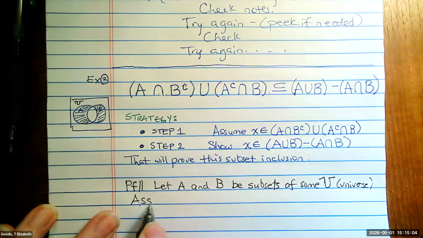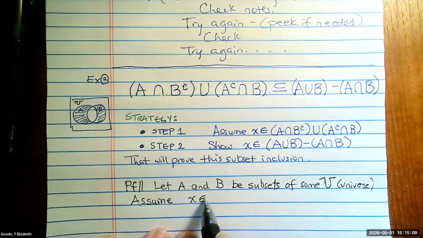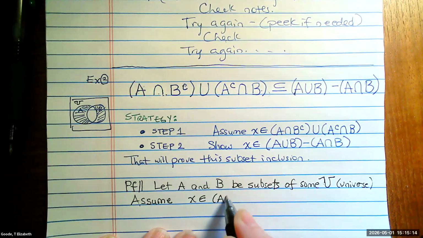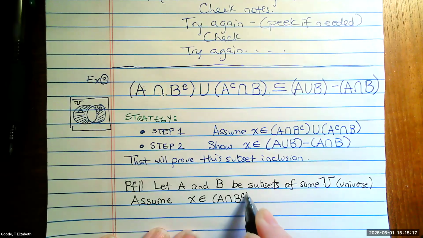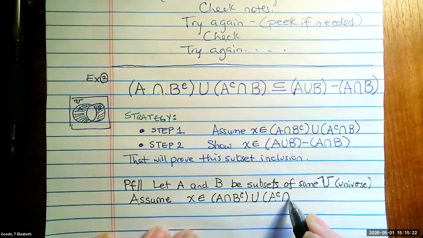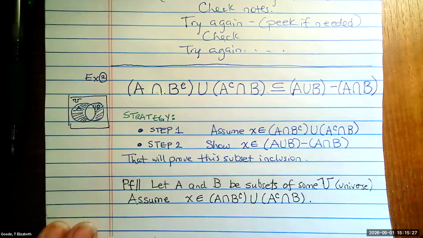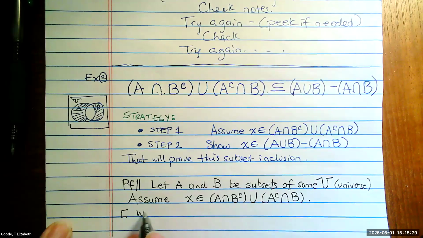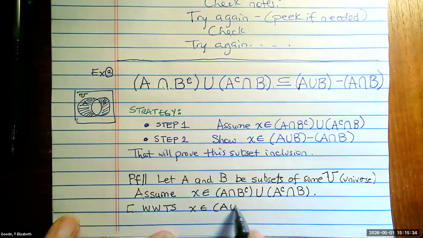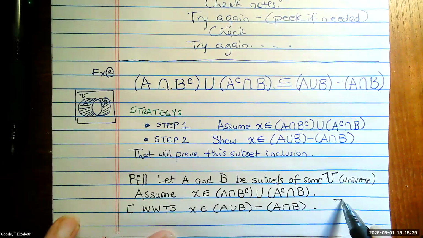And now we're going to assume that X is an element of the set on the left, because that's the set we're trying to prove is the subset. And you already figured out what we wish to show. We wish to show X is an element of the set on the right, A union B minus A intersect B. So that's our wish.